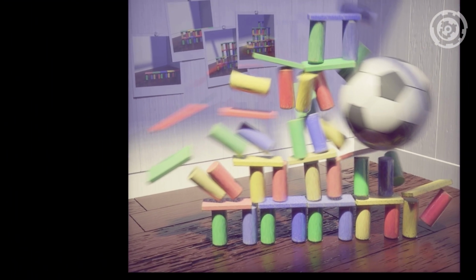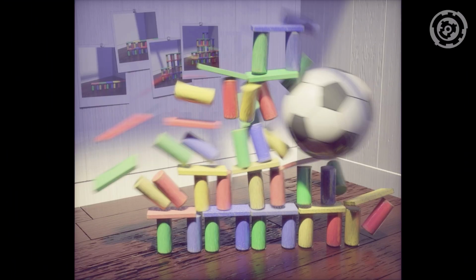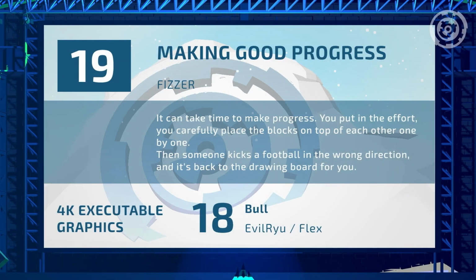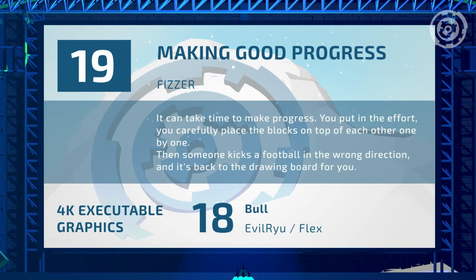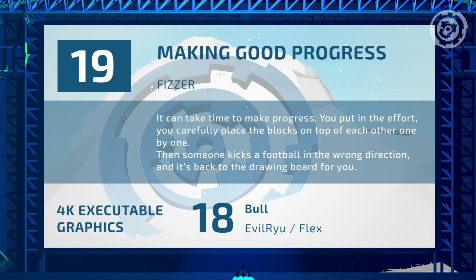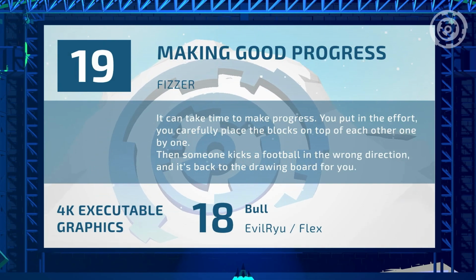You know, if he did, there were some good wood effects on the bottom there as well. It's kind of like the paint being chipped off the bottom ones. Fizzer was making good progress there, number 19.